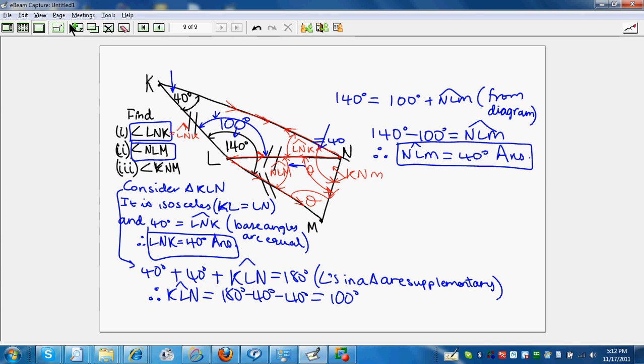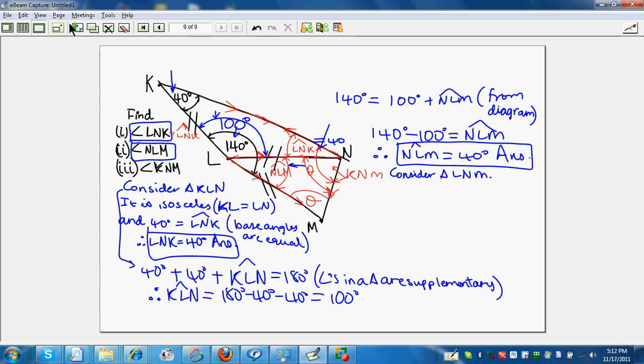Right? Let us say we are looking at the triangle LNM.